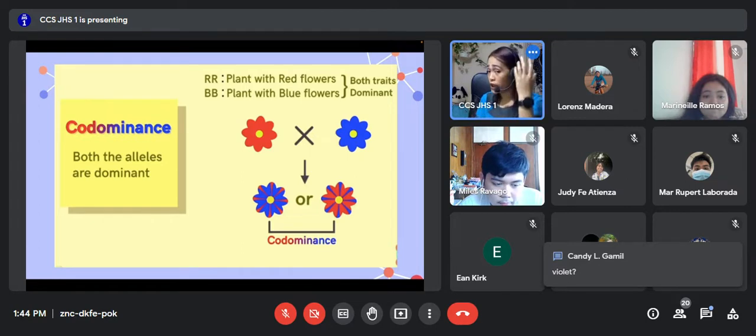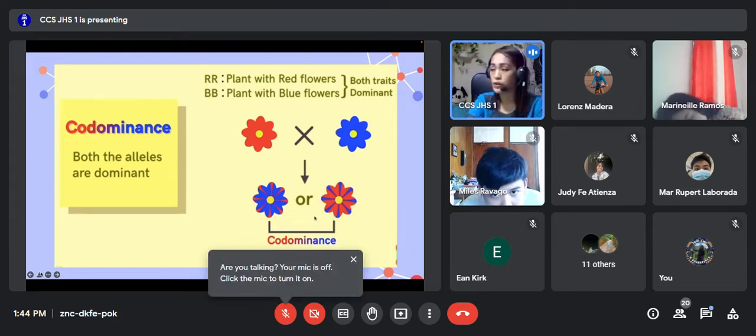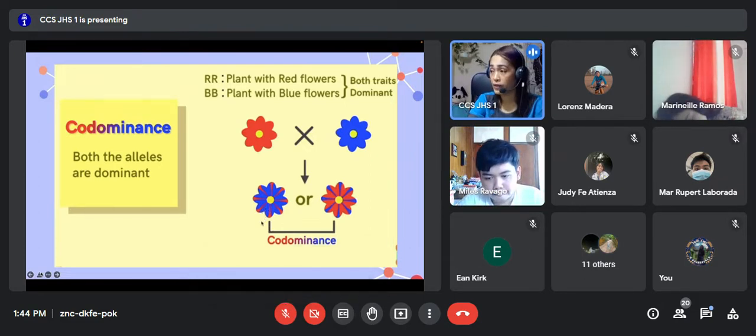So, violet. If it is incomplete dominance, and your options are red and blue, you expect the third option to be violet. However, since this is an example of codominance, you will notice that you don't see the color violet. Instead, this flower is predominantly blue with strips of red.